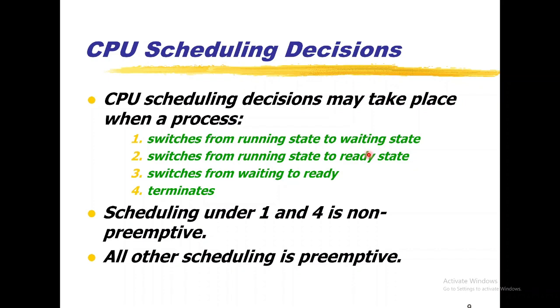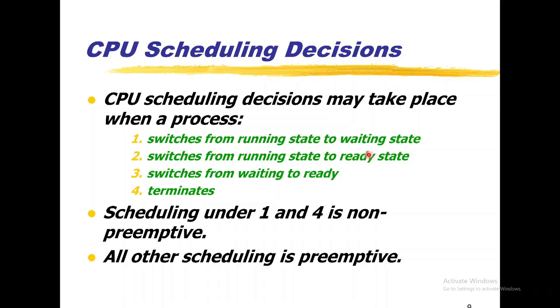The CPU makes decisions when it needs to switch from running state to waiting state. Running state is when it is executing, and waiting state is when it needs to wait for maybe I/O work, or to get data from another I/O device.